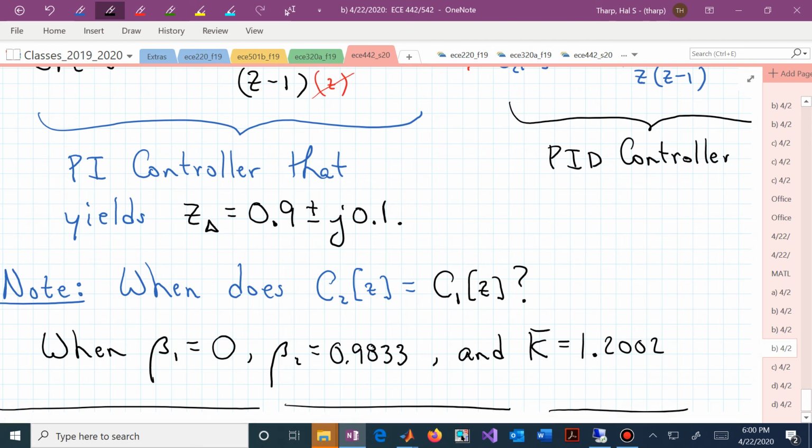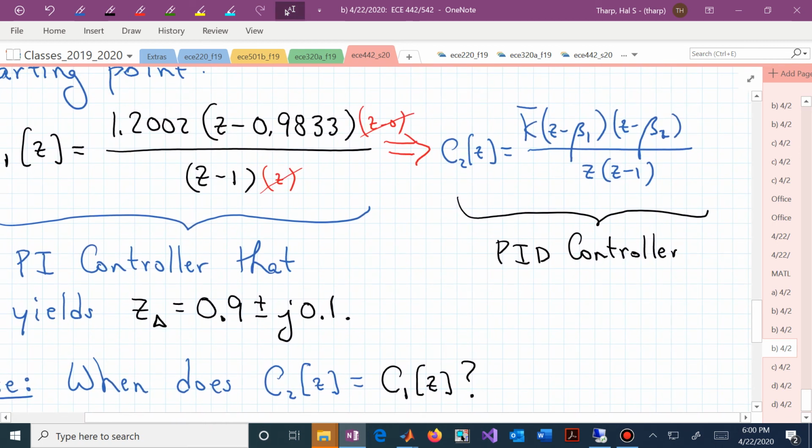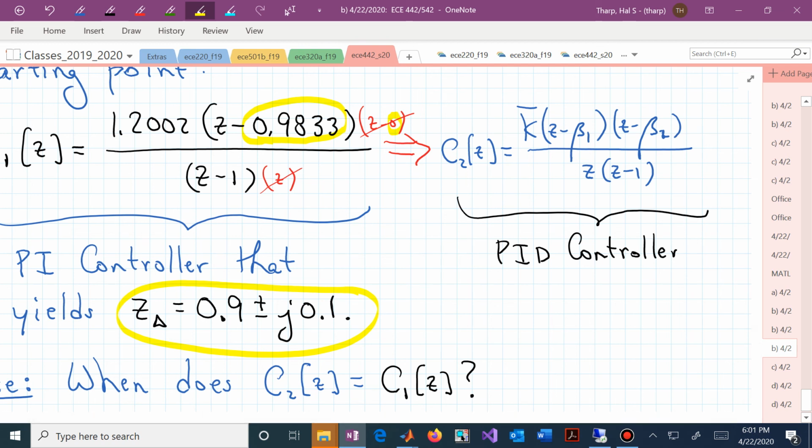That now allows us at least to have a PID controller, obviously somewhat benign because we have this pole zero structure, but now can we modify this a little bit? By modify that, I'm saying, is it possible to move that 0 away from 0 and maybe move this 0 location so that we get better behavior if we're not happy with our poles at 0.9 plus and minus j 0.1 in terms of the behavior of our system?